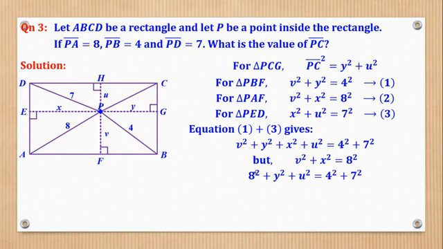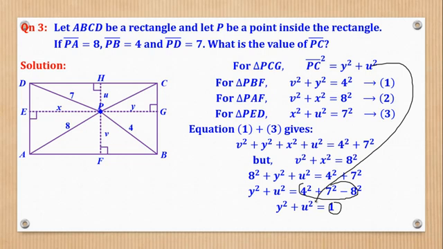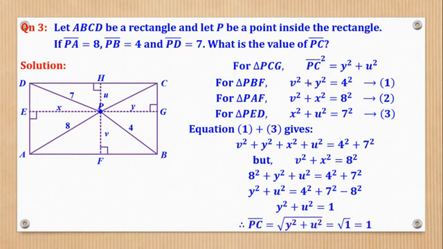Okay, let me take this one this side. Use the calculator to simplify. The whole of this will be equal to 1. But remember, this y squared plus u squared is equal to PC squared, meaning I can get PC by getting the square root. And that is the answer they wanted.